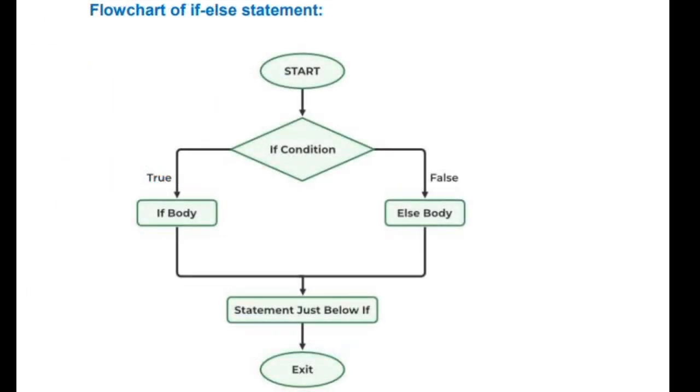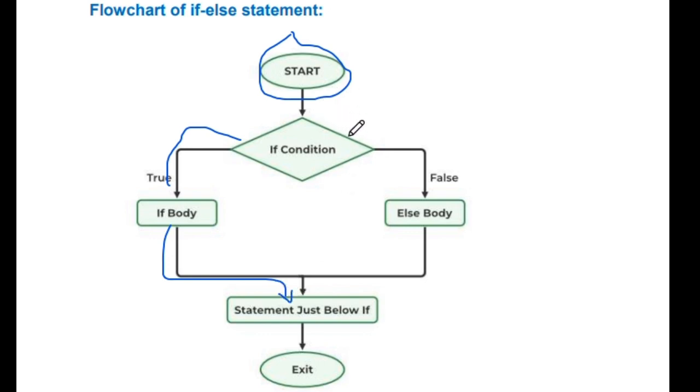Now let's see the flowchart of the if-else statement. We start our program here. We put the first condition, if, with the first condition. If this condition is true, it comes from here and prints this block of code, and our program ends.